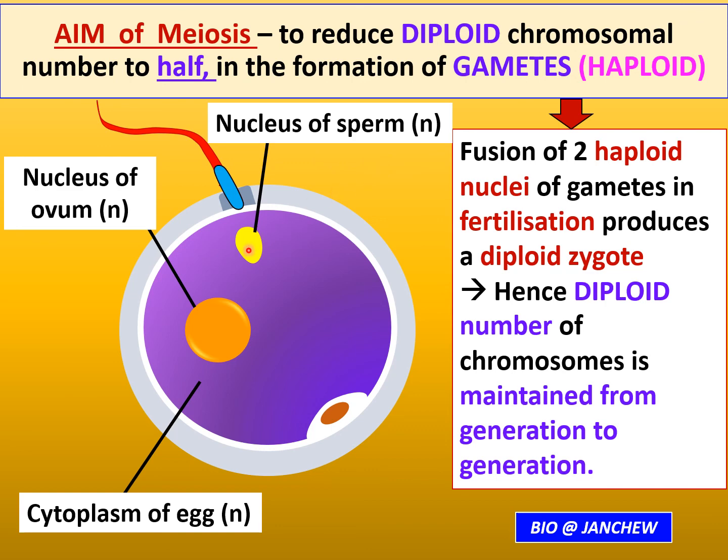So when the nucleus of the sperm fuses with the nucleus of the egg, it will produce a zygote with the diploid number of chromosomes, which is the same as the condition of the parents that are diploid organisms.